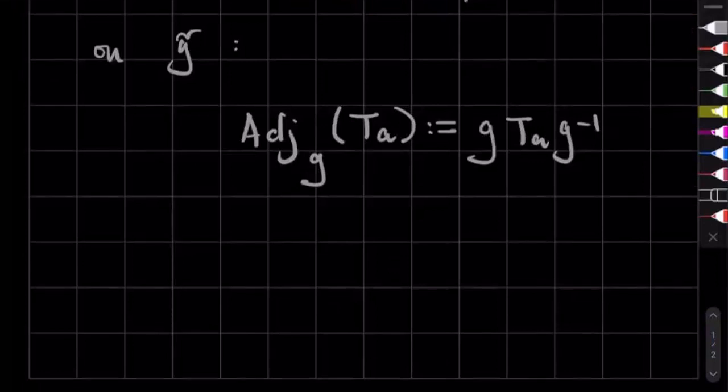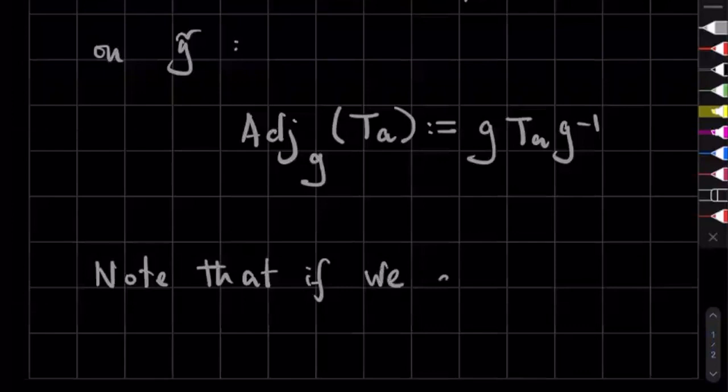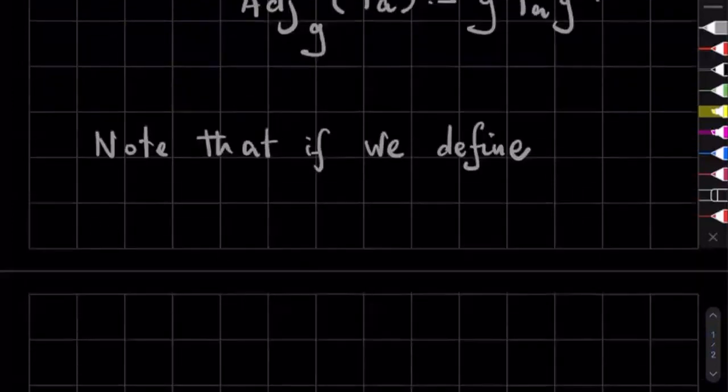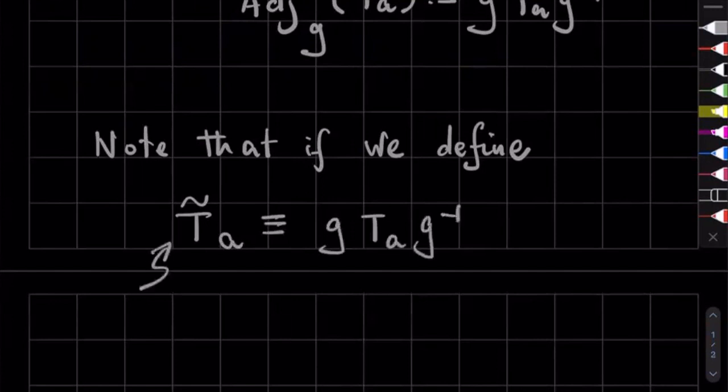So note that now if we define T tilde of A to be g T_A g inverse, this thing depends on g, right?